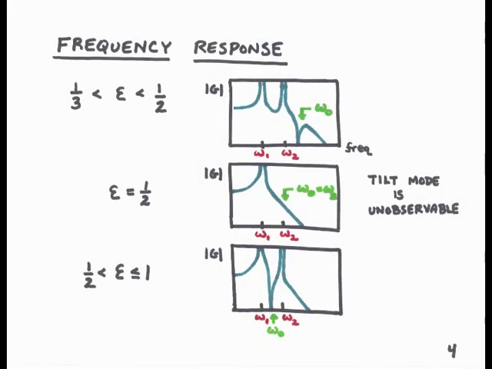So let's recap what we've seen. We've seen that the frequencies of the pair of zeros on the imaginary axis depend upon where the sensor is placed, exactly where on the beam we are measuring the displacement. If the sensor is toward the left end of the beam, then the frequency of these zeros is above that of both the bounce mode and the tilt mode.